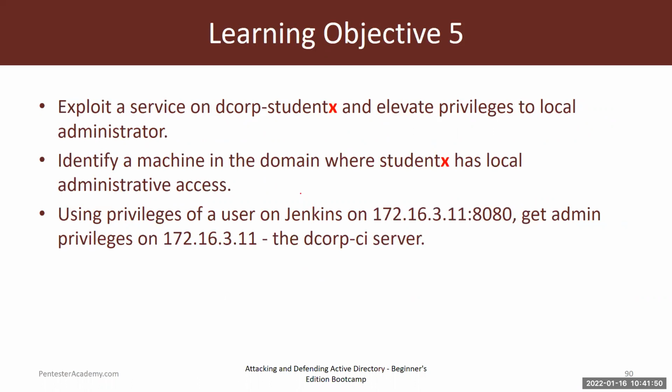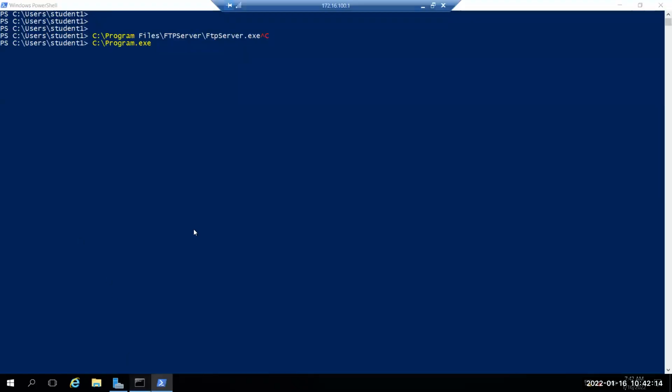Now, all of this discussion brings us to learning objective 5, that is our local privilege escalation learning objective. The first task is to exploit a service on dcorp-student-X, that is your student machine, and elevate privileges to the local administrator. The second task is to identify a machine in the domain where studentX has local administrative access. Please note that we have already done the second task.